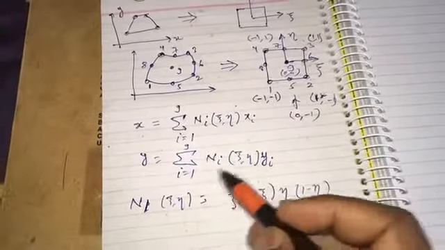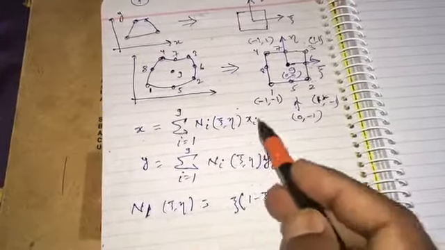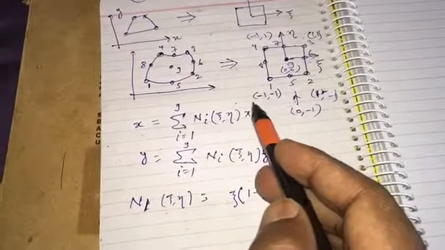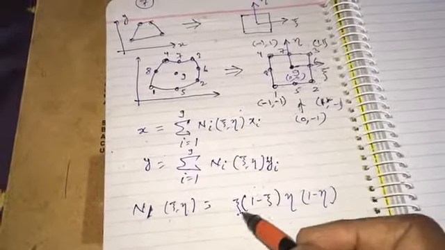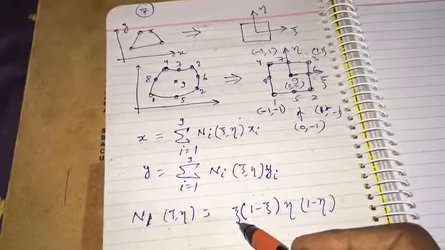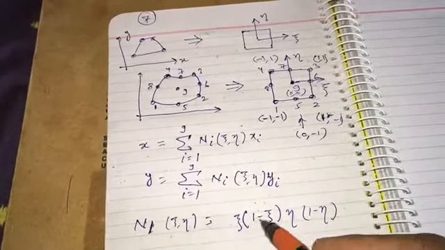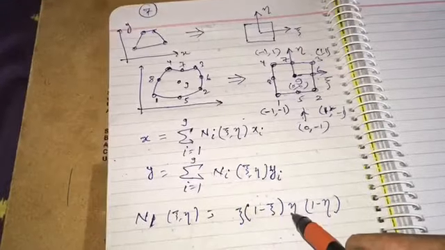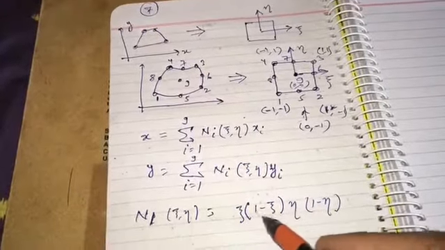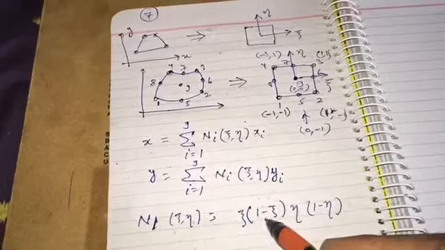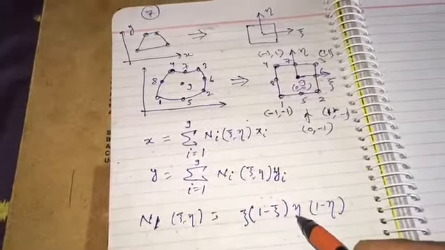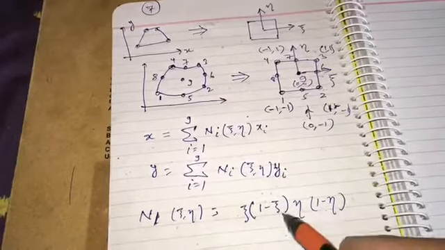Now N1 has to be 1 at -1, -1. So if you put minus 1 here, then minus 1 here, then minus 1 here, minus 1 here, what we get is minus 1 times 2 times minus 1 times 2, which is total 4.